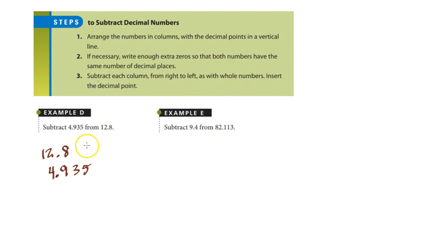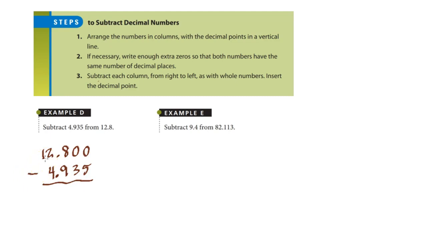This is where we write these zeros so that both numbers have the same number of decimal places. So notice that there are three decimal places in the bottom number, so we need three decimal places on top. So now we're ready to subtract.